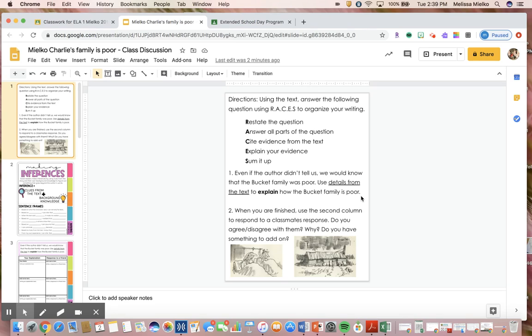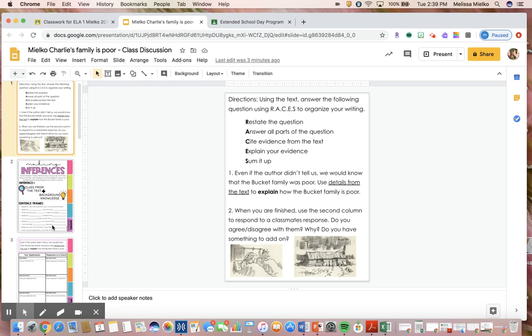We already know that. Your job today is to find evidence from the text and use details from the text to then explain how you know that the Bucket family is poor.